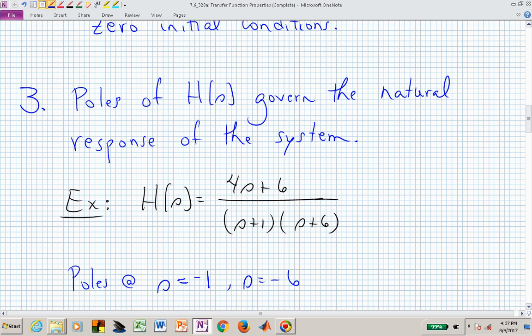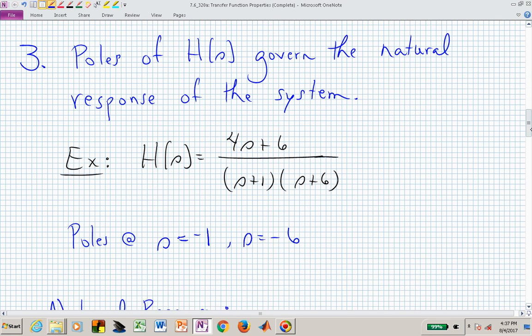And those particular values of s give rise to the natural response of the system. If you were to walk up to that system and hit it or kick it or excite it, then it naturally would want to behave consistent with these poles at s equal -1 and s equal -6.